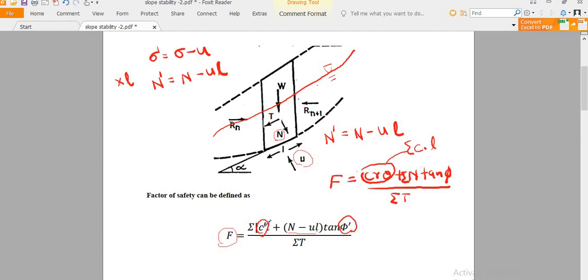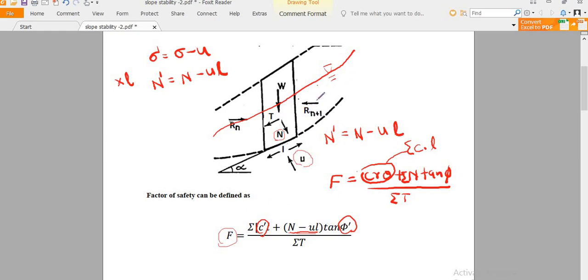So we denote them as C dash and phi dash as opposed to C and phi in total stress analysis. So the major differences are the parameters we use and also how we consider the effect of normal force, right? Those are the things we need to focus on when we assess the factor of safety of a slope under effective stress analysis. And you may wonder how we can find U, right?